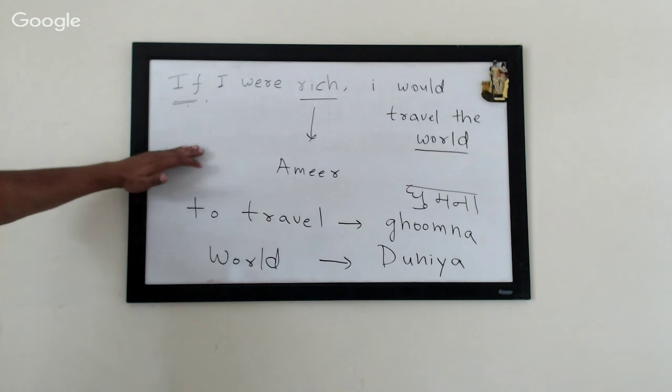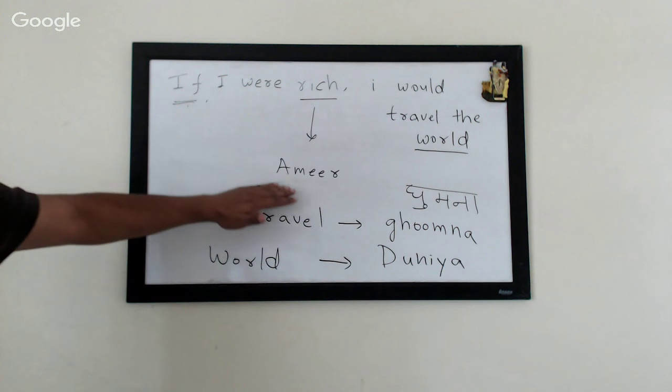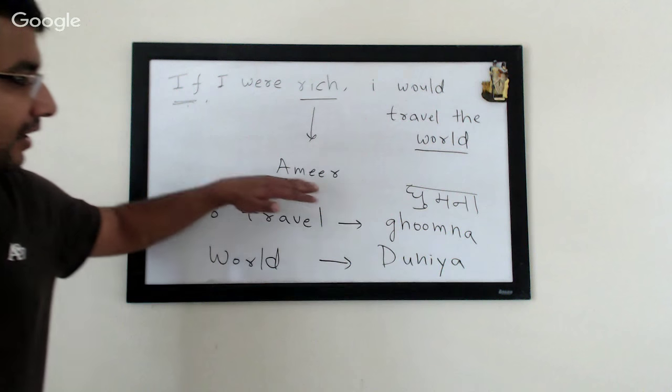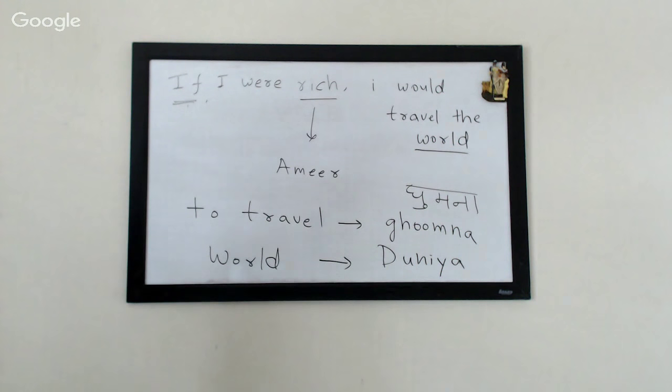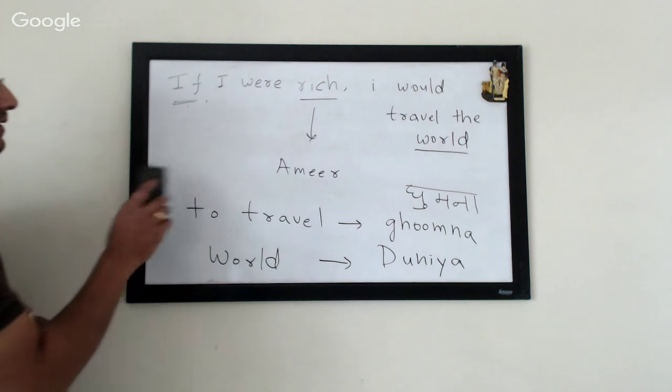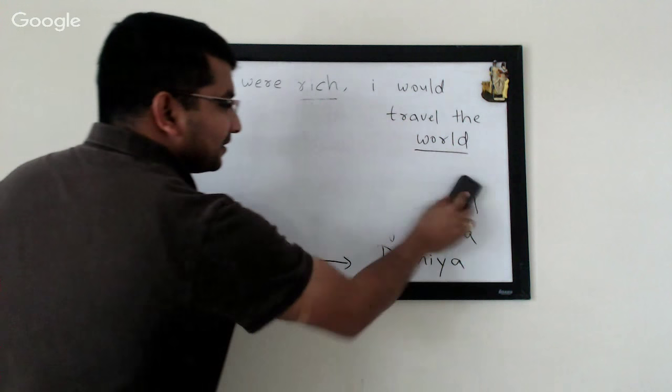So you can write it for both male and female. For a female, it's Amir hoti, ghumti. For a male, Amir hota, dunia ghumta. Very good. Let me write it down. I think most of you have already got it.